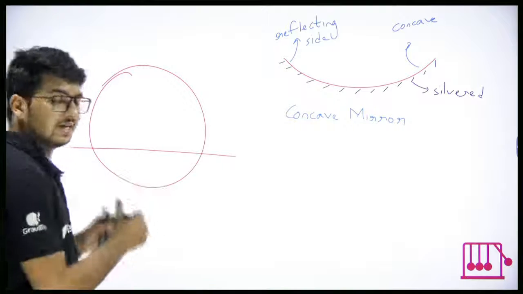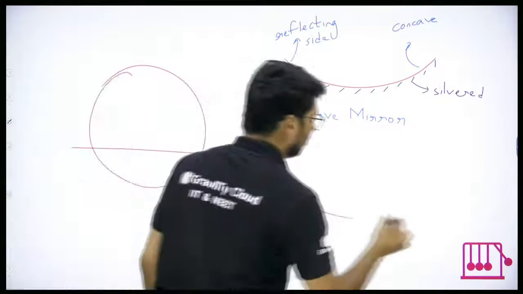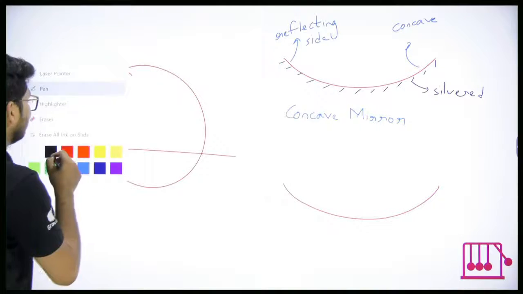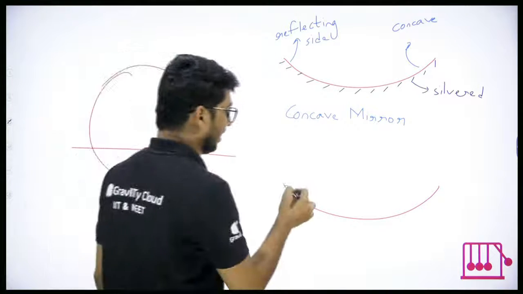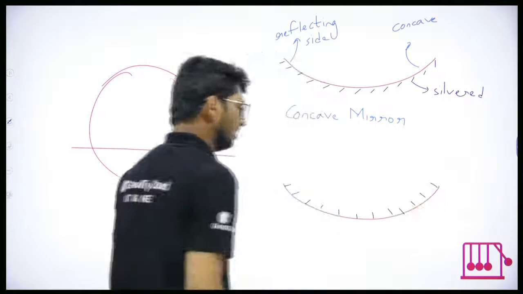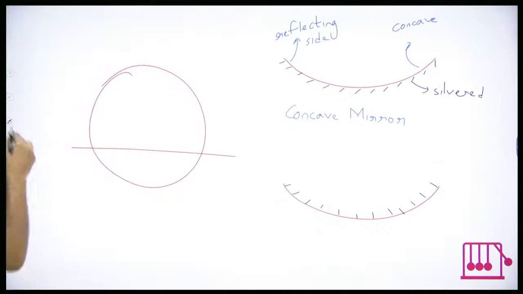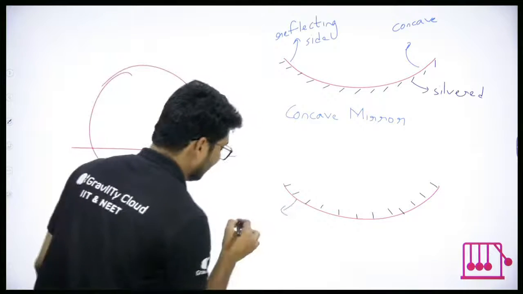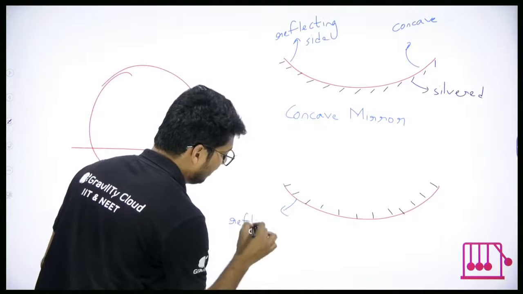But we can also do it this way. We have taken a sphere and cut it, and I get the bowl-like shape. Then what will I do? If I make the inside part silvered, the concave side silvered, then which is the reflecting side, everyone? This is the reflecting side, the outside one.